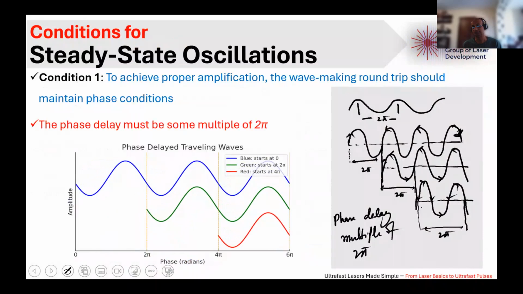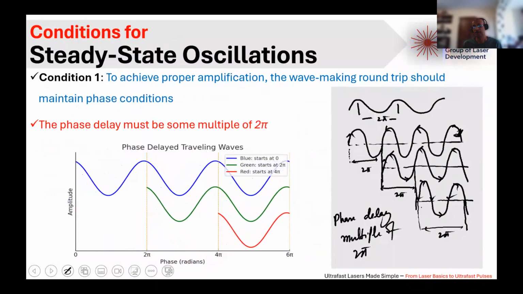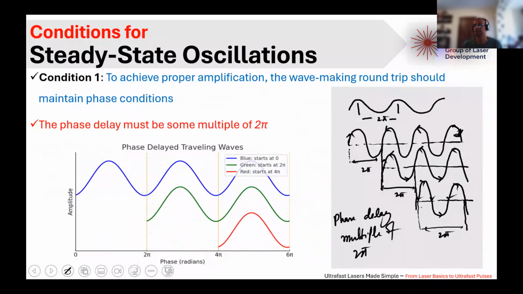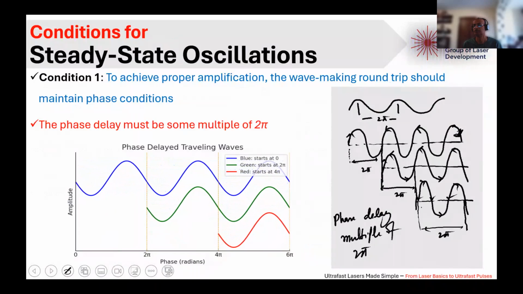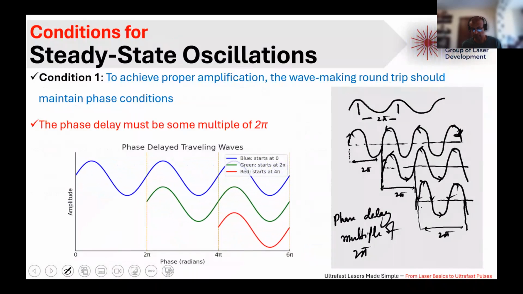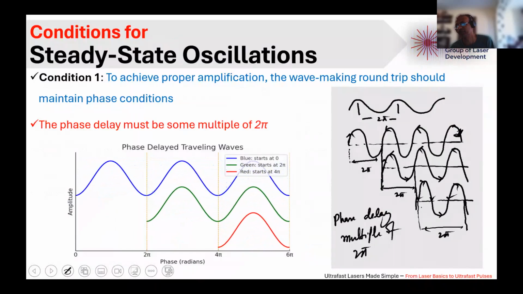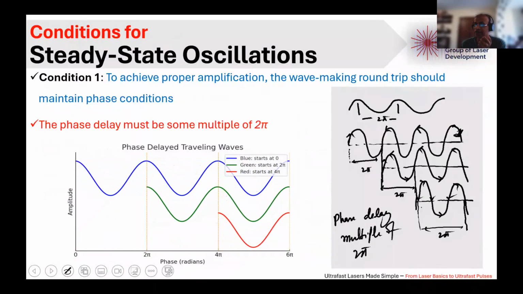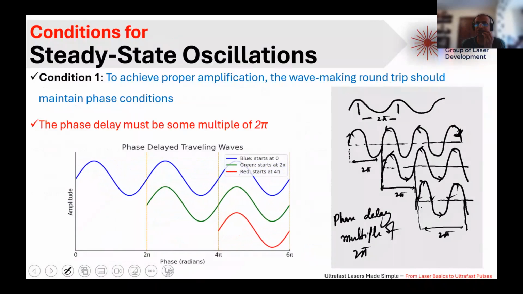Now, what happens inside the cavity? Steady state oscillations. Waves and oscillation, you must have studied in high school or university.